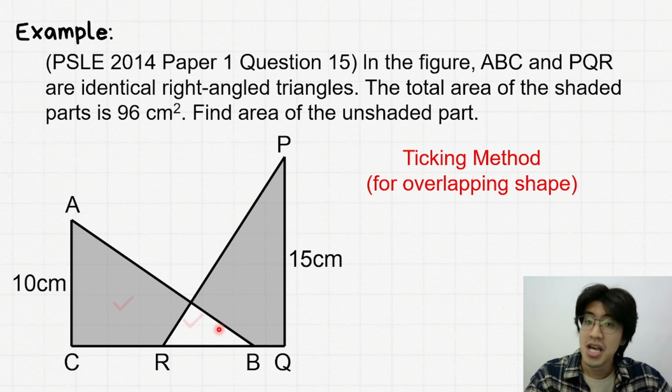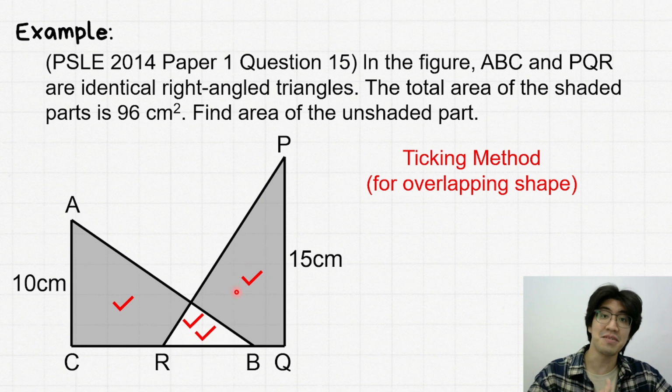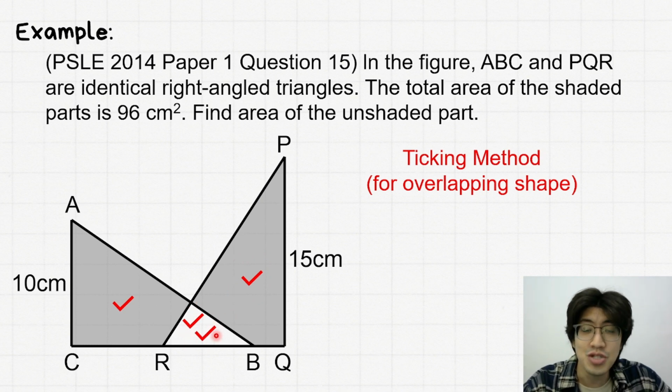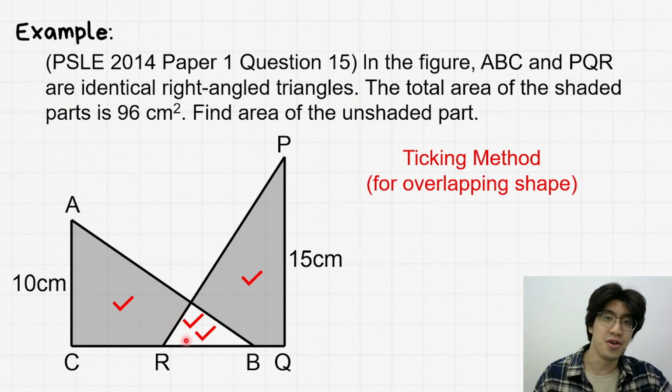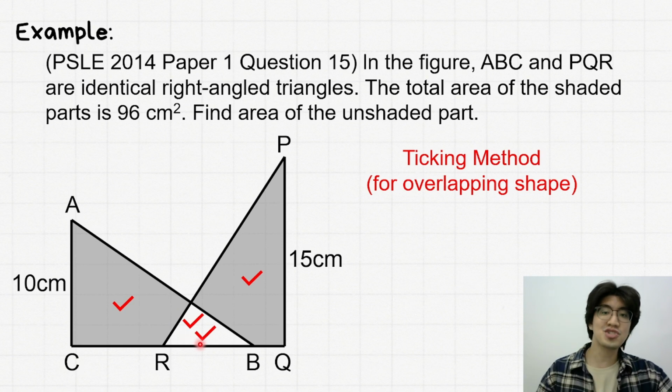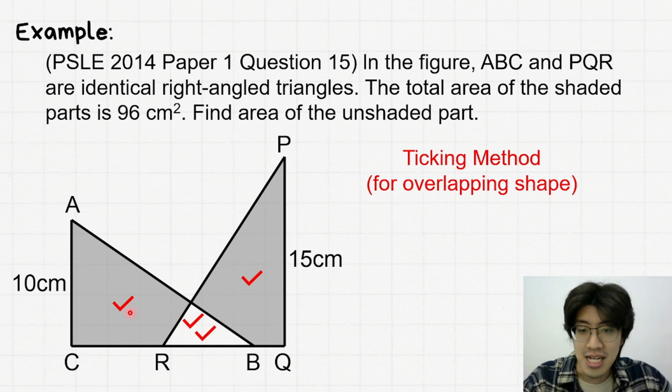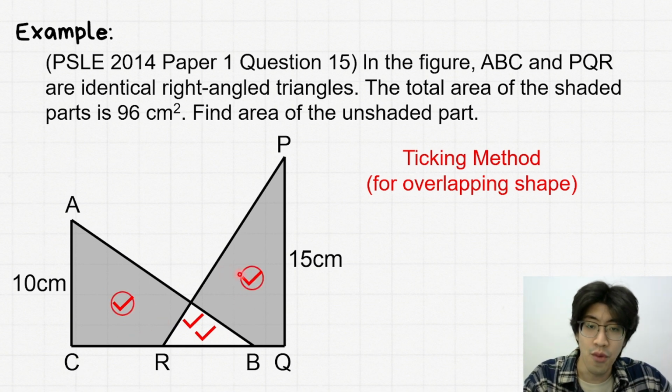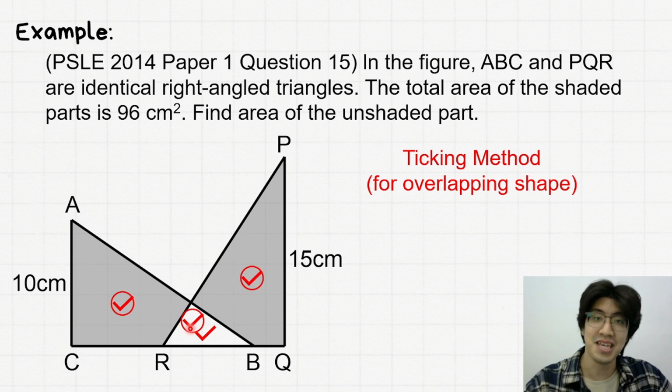Because imagine, if you don't use this ticking method, it's very easy to forget to divide the final answer by 2. But with these two ticks over here to remind us, it's very simple. So from here, I simply remove these two unwanted ticks, and then at the end, I have to divide it by 2. So that's the ticking method.